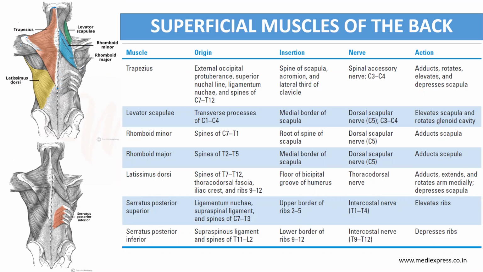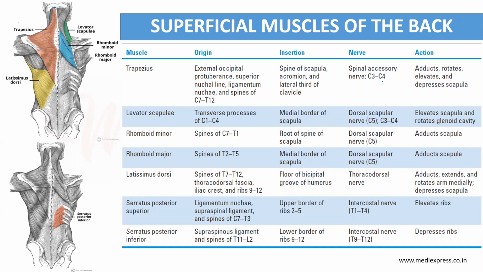It gets inserted into the spine of scapula, acromion, and the lateral third of the clavicle. The nerve innervation is spinal accessory nerve having a root value of C3 to C4.